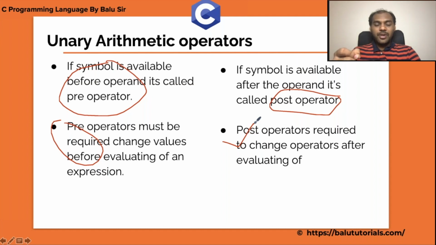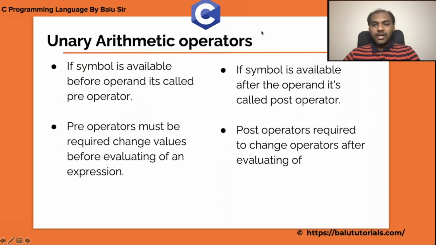If it is a pre-operator, first you change that variable's value, then you evaluate the expression. If it is a post-operator, first you evaluate the expression, then you change the value. Depending on that condition, the expressions have to be evaluated. Pre-operator means change the value, then evaluate the expression.